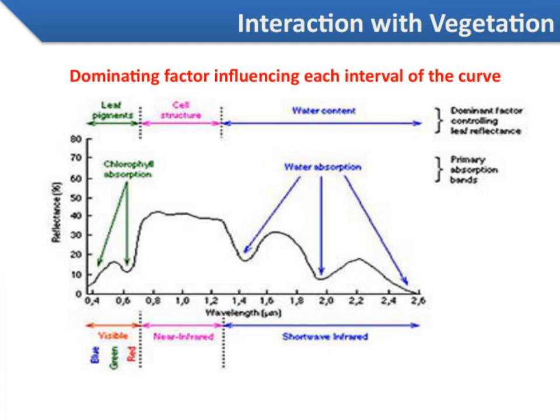Interaction with vegetation is a key factor that influences each interval of the curve we're examining. Essentially, as we look at different phases, the presence and behavior of vegetation become the dominant forces shaping the outcomes. This means that the way plants grow, interact, and respond to their environment directly impacts the phenomena we're studying.